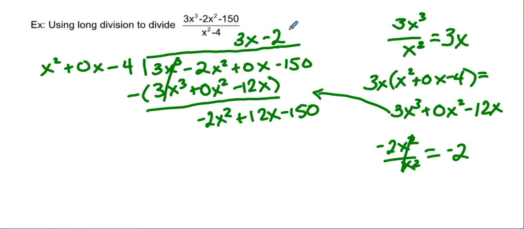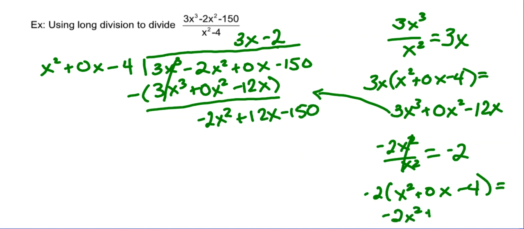And now I need to multiply the negative 2 times the x squared plus 0x minus 4. I get negative 2x squared plus 0x plus 8, because negative times negative. So negative 2x squared plus 0x plus 8, and subtract.